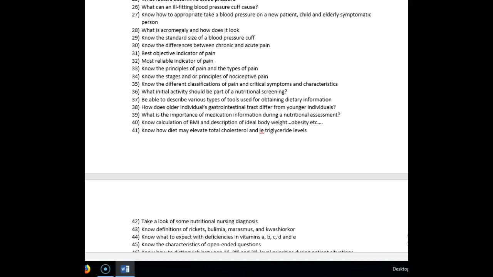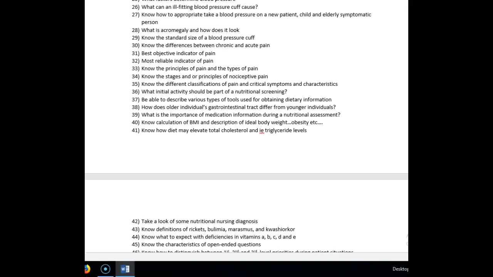So usually, people when they're a little bit older tend to have more problems with constipation and that type of thing than younger people do. Okay, so let me see.